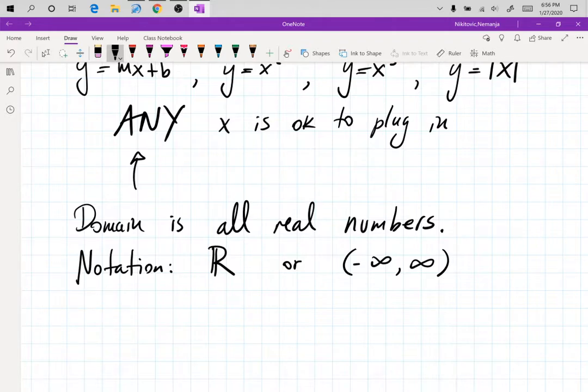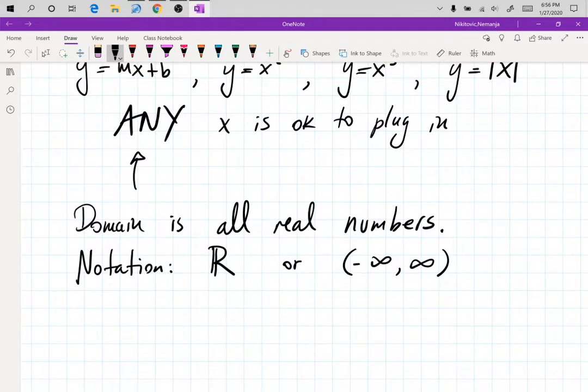So that's another one of the notations. To denote all real numbers, you can either put negative to positive infinity, or you can put the double-bar R. They mean all real numbers. That includes counting numbers, integers, 0, square root of 2, so rational, irrational, right? All of the numbers, fractions, that's rational. So all of the numbers.